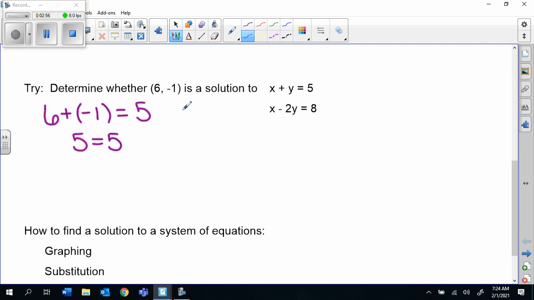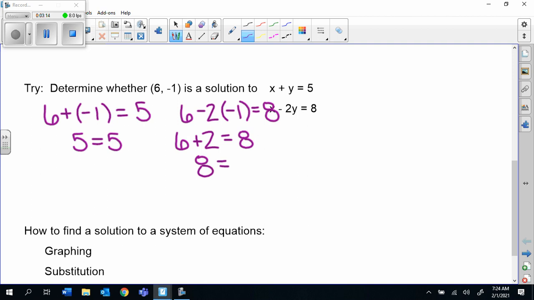And then I'm going to plug 6 in minus 2 times negative 1, and let's see if that equals 8. So 2 negatives change that to a positive 2. And so it looks like I did give an example where one works and one doesn't, because this is definitely a yes, it is a solution.